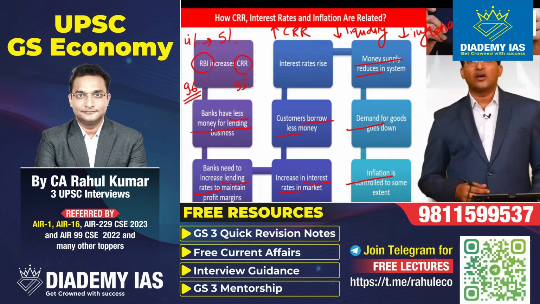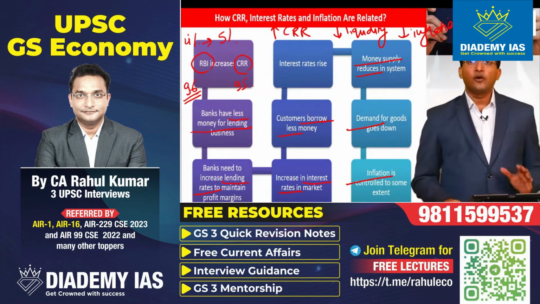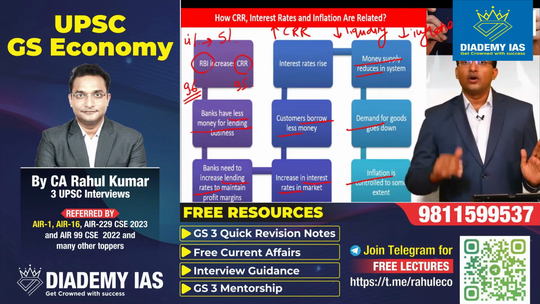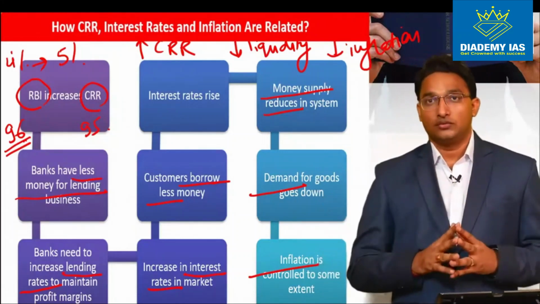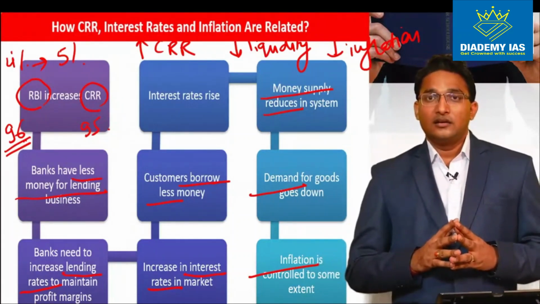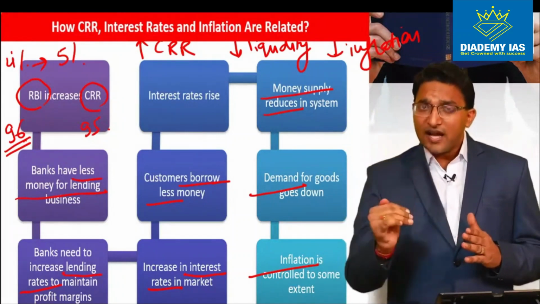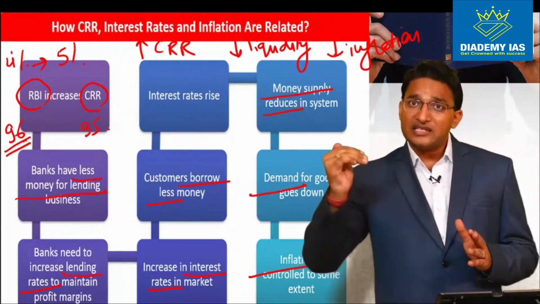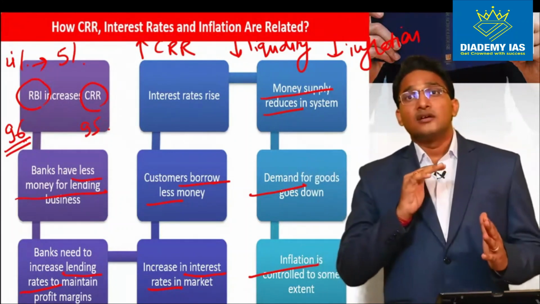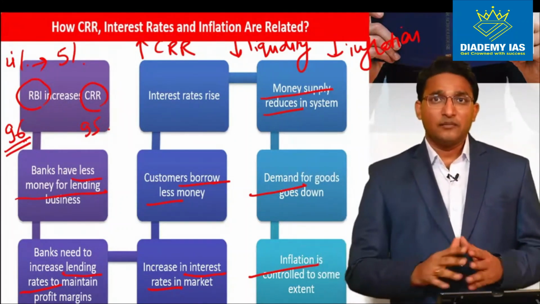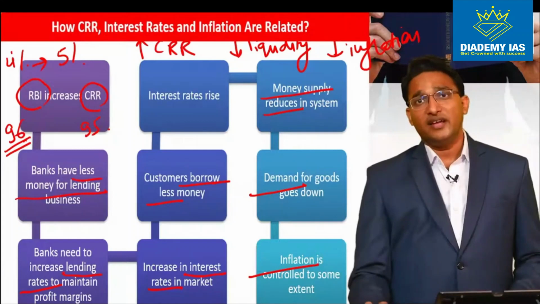The price levels are also decreased. Therefore, the cash reserve ratio and the liquidity and the inflation have an inverse relationship, right? So if we reduce the CRR, liquidity will increase, the inflation will increase. So this inverse relationship exists between the CRR, liquidity and the inflation.